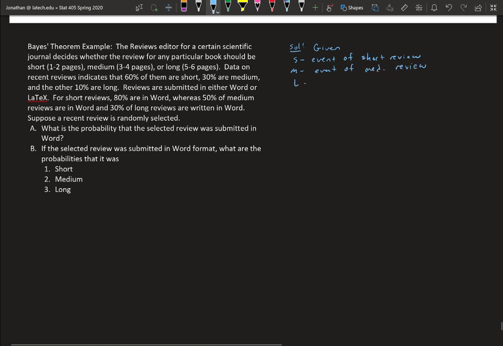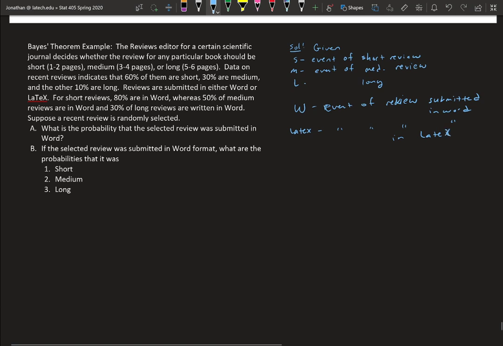And L is going to be a long review. And then I'm going to say W is the event of a review submitted in Word. And LaTeX is the event of a review submitted in LaTeX.